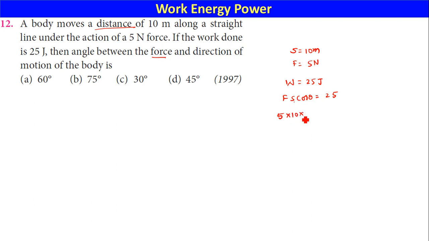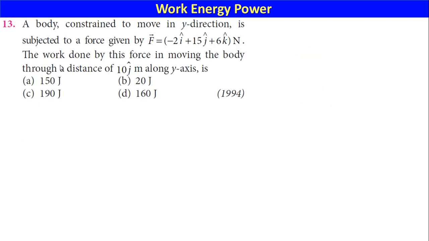Cos theta you don't know, and 25. So cos theta is nothing but 1 by 2. So cos 60 is 1 by 2. So you can take theta to be 60 degrees here.